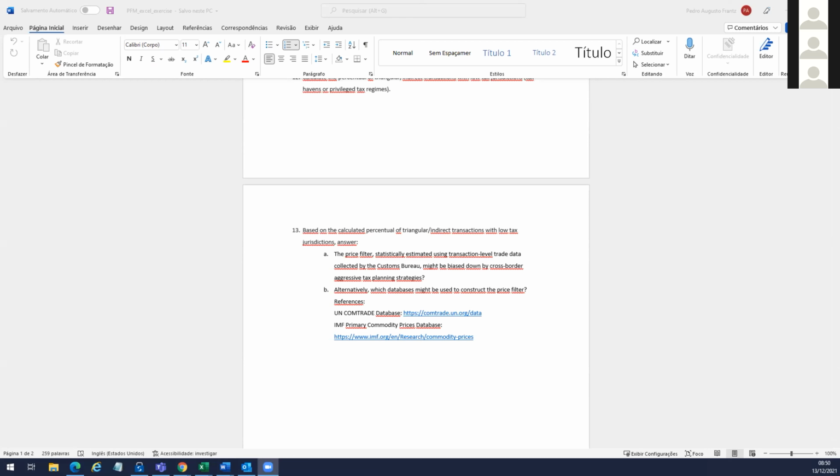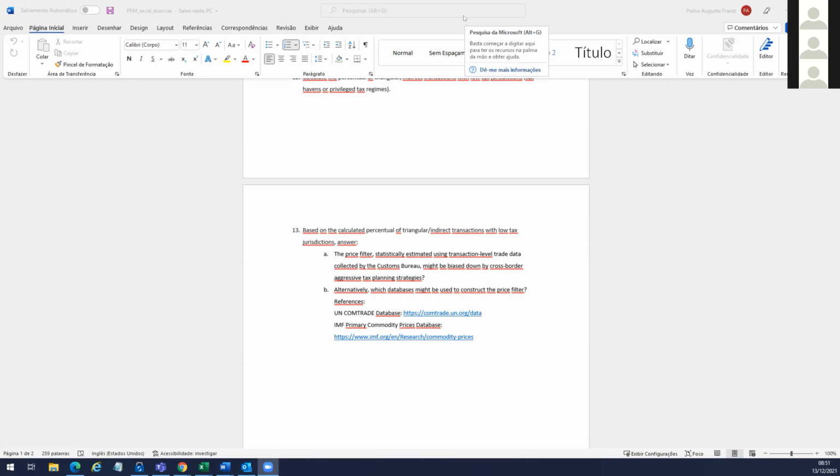And our conclusion is that if you have a database that shows almost all export transactions rely on this kind of structure, probably almost all the prices already are affected by these structures. So we would have probably a bias down in the database. And of course, the results would be biased down as well.